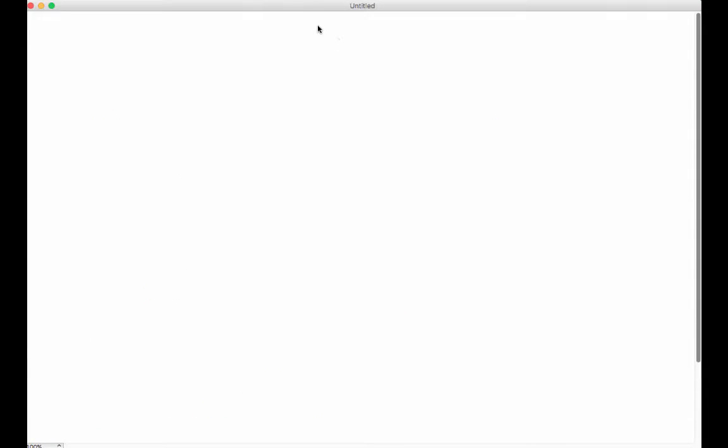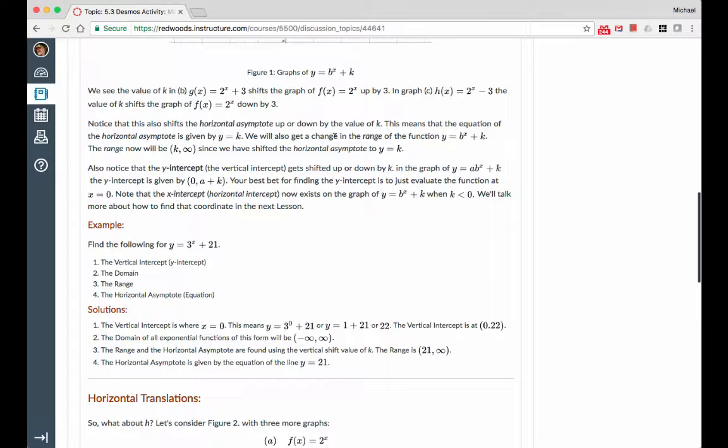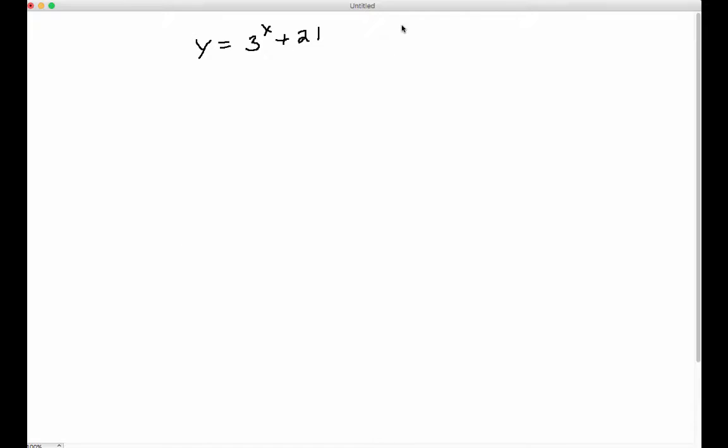So we see that our function here is y equals 3 to the x plus 21. And what they ask us to find first is the vertical intercept. Remember that the vertical intercept is the same thing as the y-intercept, which is the same thing as saying that x is equal to 0.